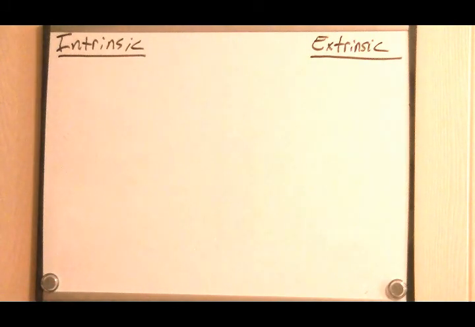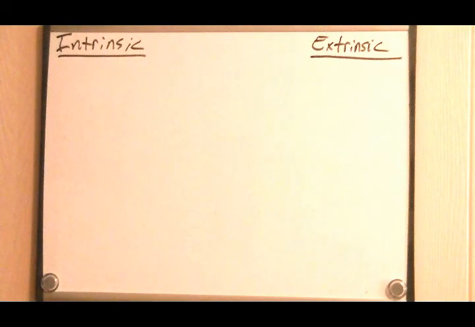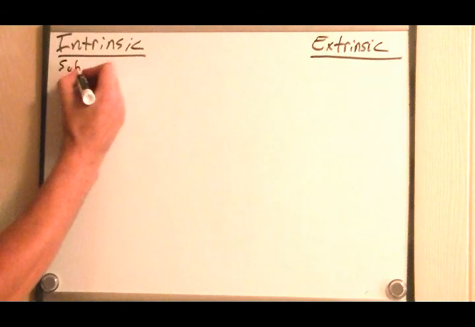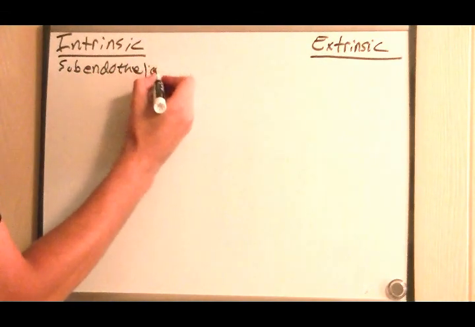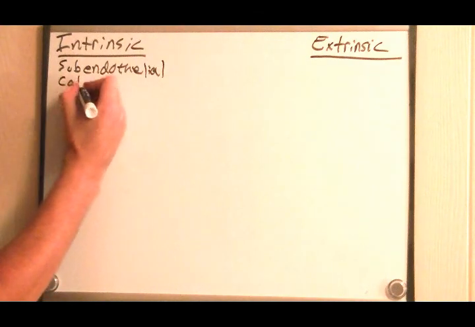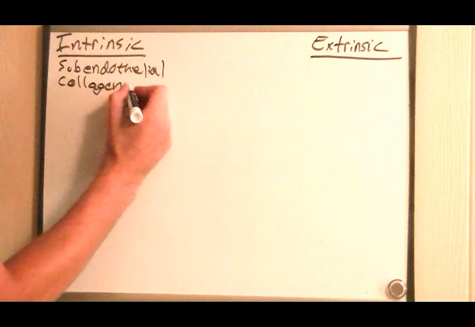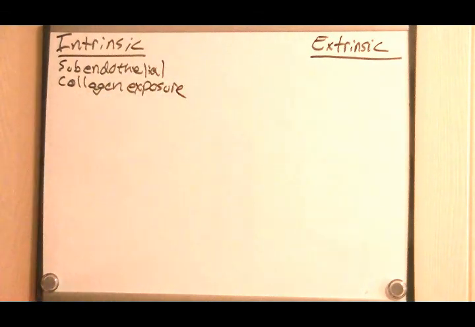So if you remember from the previous slide, the intrinsic pathway gets started when we've got subendothelial collagen exposure. And that really only happens when there's significant trauma or damage to the blood vessel.